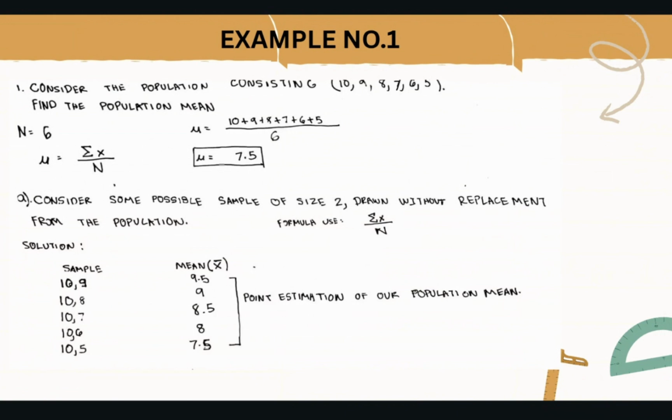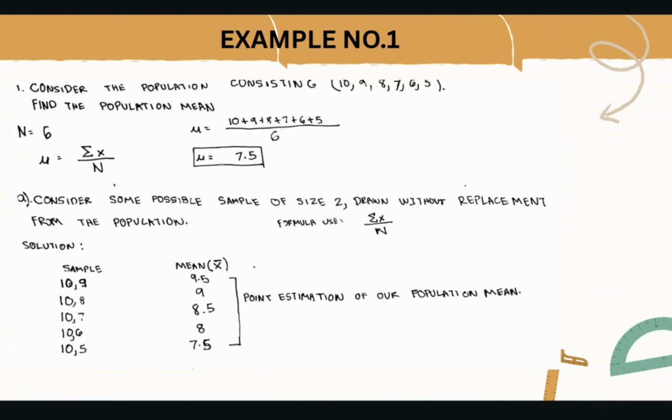And consider some possible samples of size 2 drawn without replacement from the population. Our task is to draw samples without replacement from the population. For our solution, we need to get the pairs 10, 9; 10, 8; 10, 7; 10, 6; 10, 5.